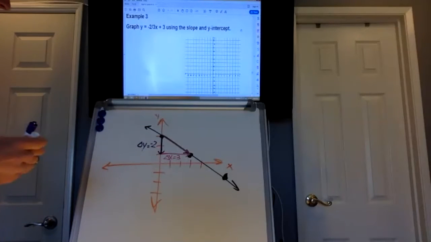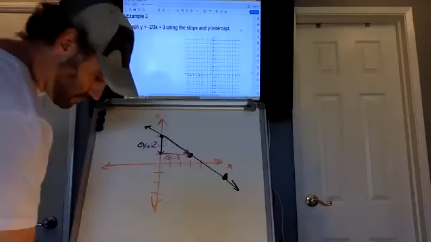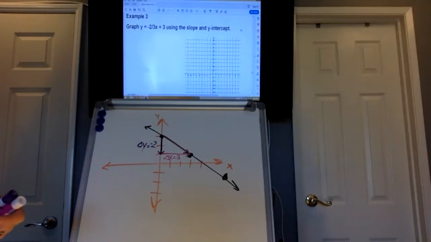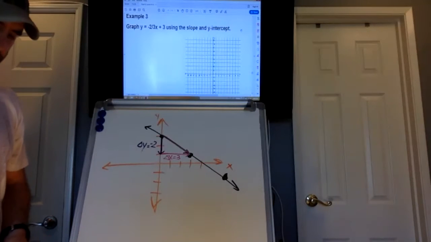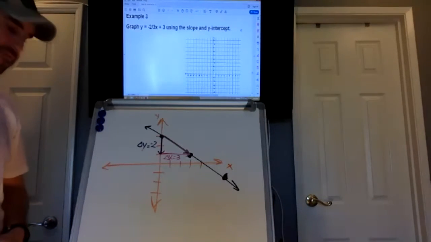Is it Mr. Rosenthal? Yeah. So all you have to do is find the y-intercept and then graph it using slope. That's one way to do it. The other way that we did earlier was to make a t-table and get a few different solutions to the equation. Okay. So you need to know both ways and be familiar with both.